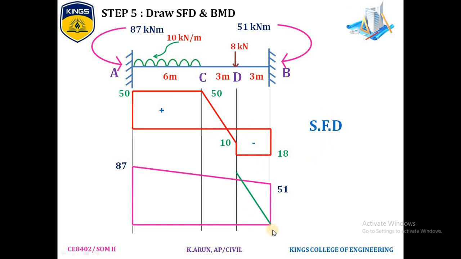So I am starting from the end 0. The moment at D is 63, the moment at C is 102, and then again the moment at A is 0. Since UDL is acting, I have drawn a parabolic curve here, and I am marking the positive and negative moments. So this is the bending moment diagram for the given problem.